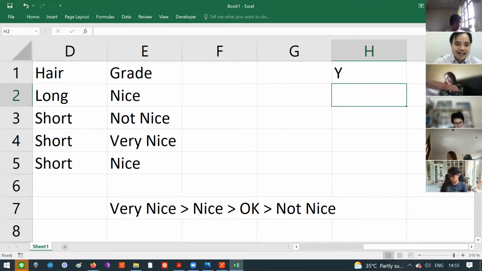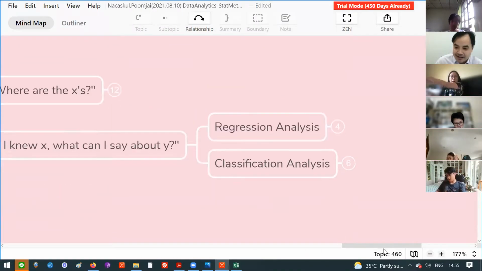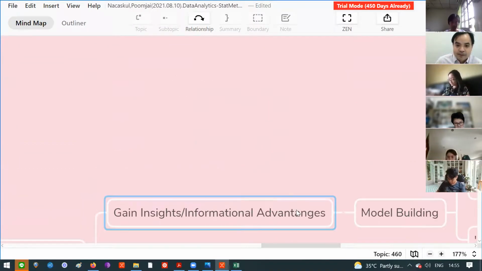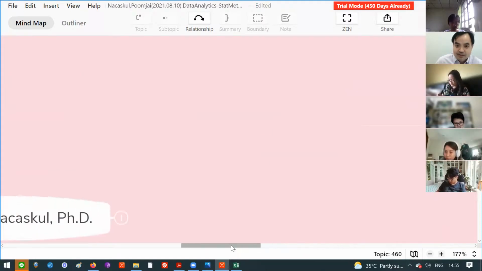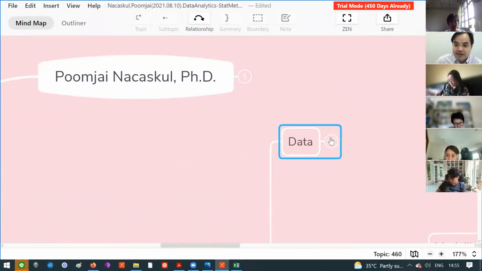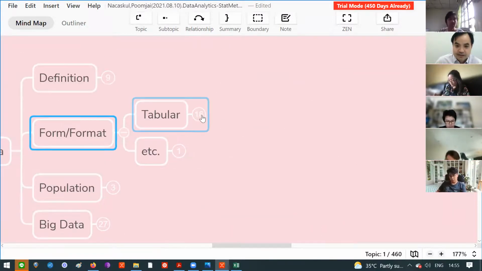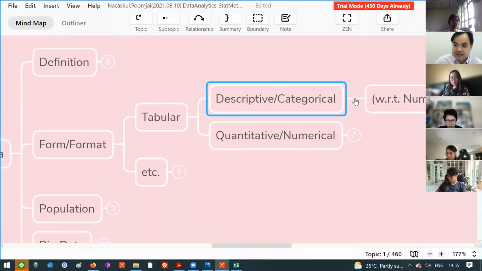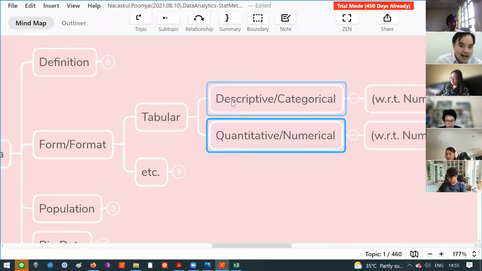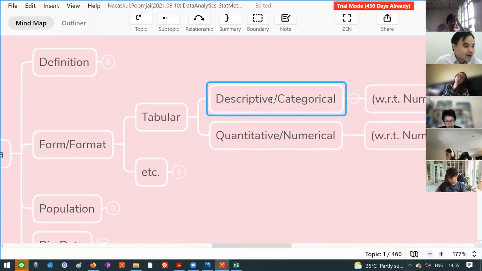If your Y is some kind of label, some kind of ordinal, let's go back to here. Remember the number scale? If your Y is descriptive or categorical, it's usually a classification problem.